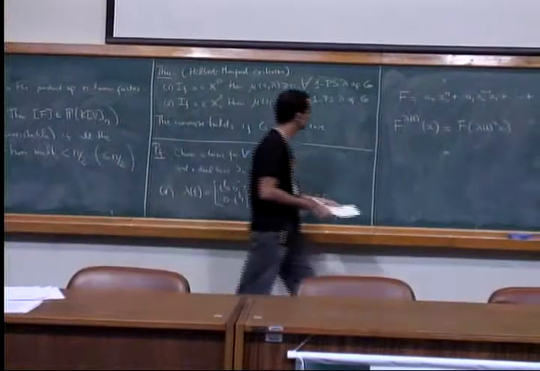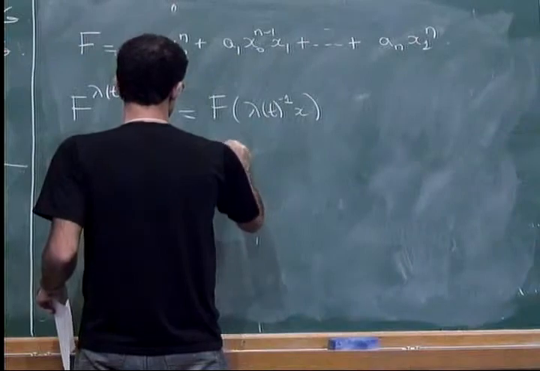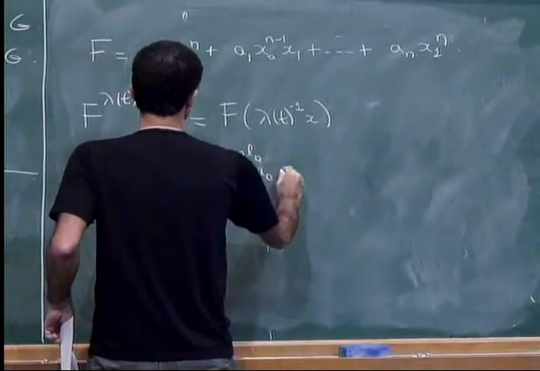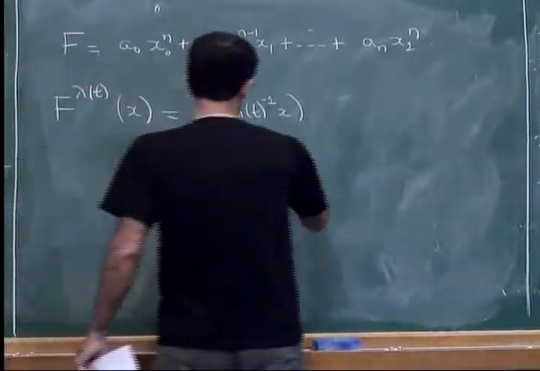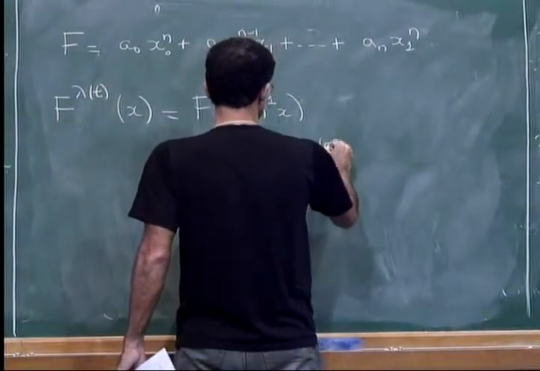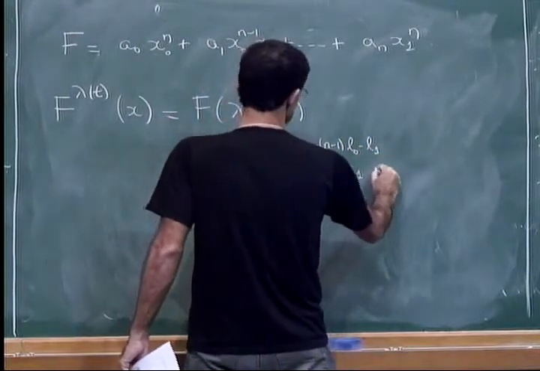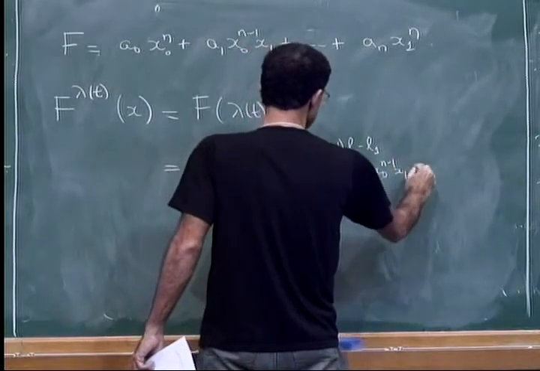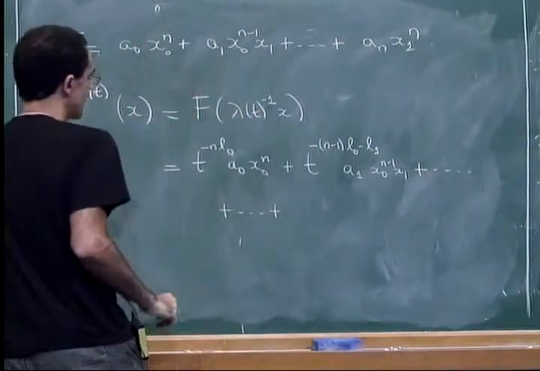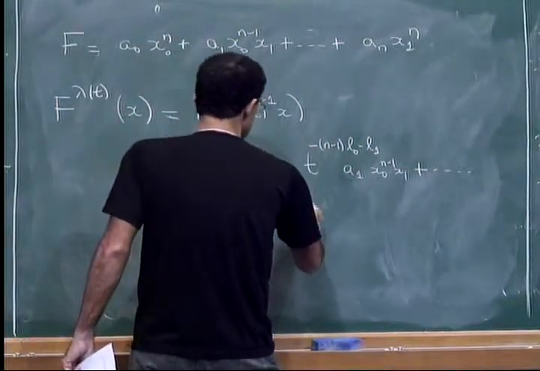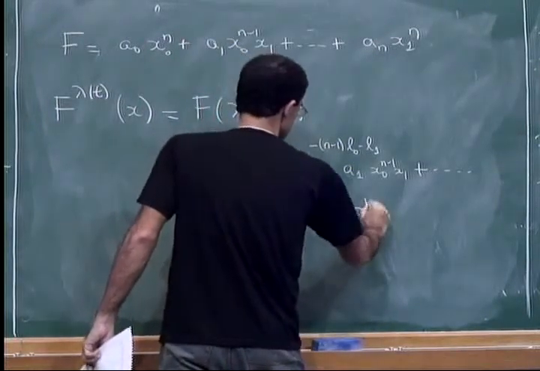So we have t to the power minus n L naught, A0 x0 to the n, the minus coming from the inverse, plus t to the minus (n minus 1) L naught minus L1, A1 x0 to the n minus 1 x1, plus and so on. At the very end, we have t to the power minus n L1, An x1 to the n.